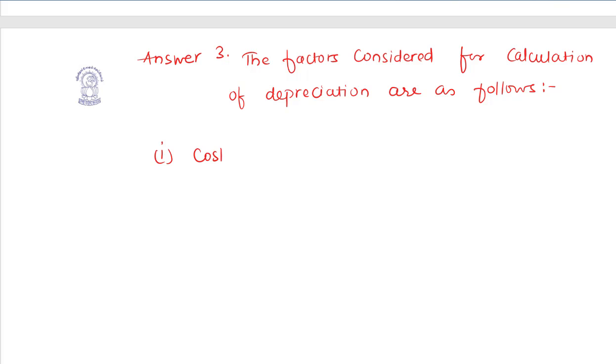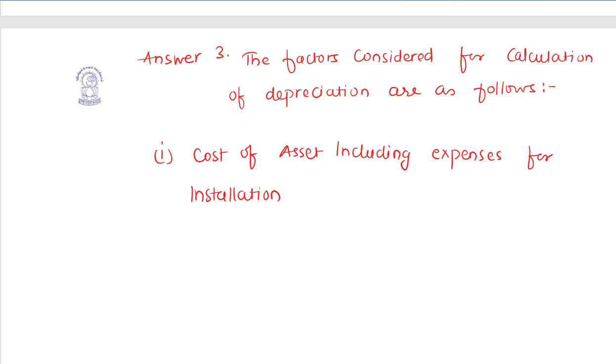First factor, cost of asset, including expenses for installation, commissioning, trial runs, etc.